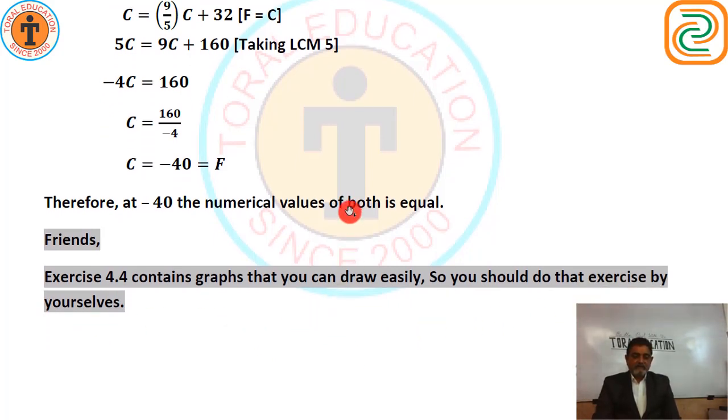Friends, I have explained every sum of this exercise, and now you will have to do these sums by yourself. If you don't understand anything in the video, then you can ask me in the query or see the video again and again. If you see the video, you will get everything.